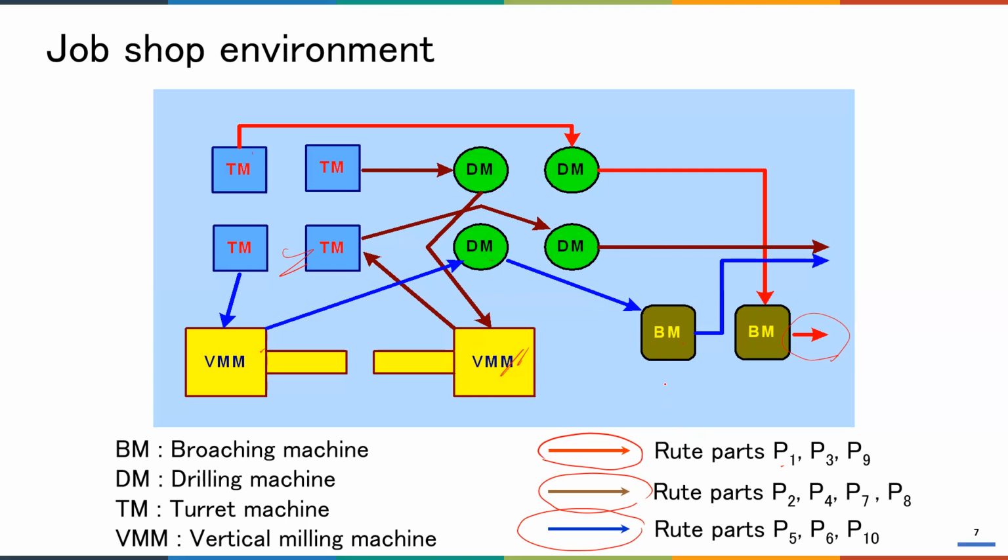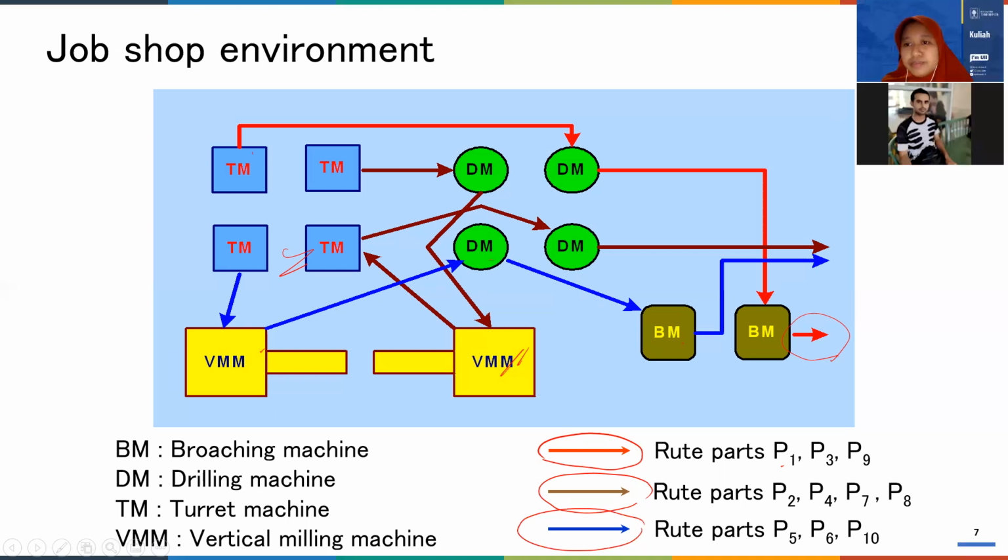Okay, so if we see here, according to the layout, what kind of layout is actually used in this job shop environment? If you still remember. What, Mohsin? I can't hear you. Can you repeat the question? What type of layout is being used in this picture?